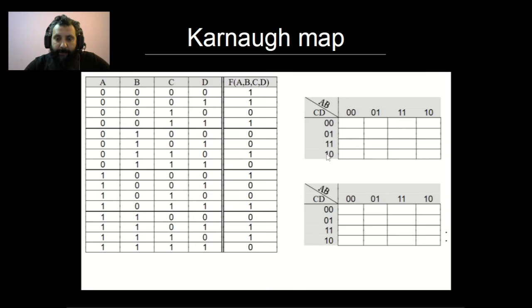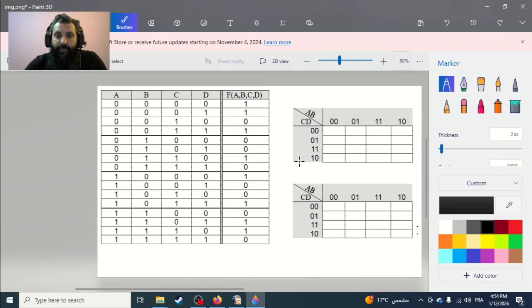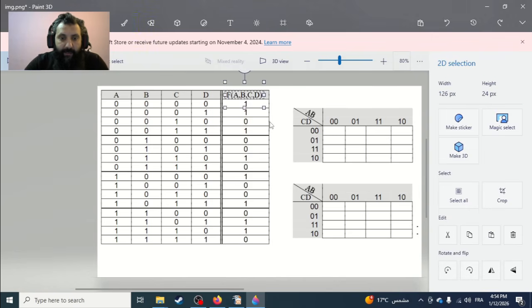You can see that we are still using the gray code. But the first thing to do, we have to try to get the SOP and POS. To do so, it's exactly the same method that we used previously.